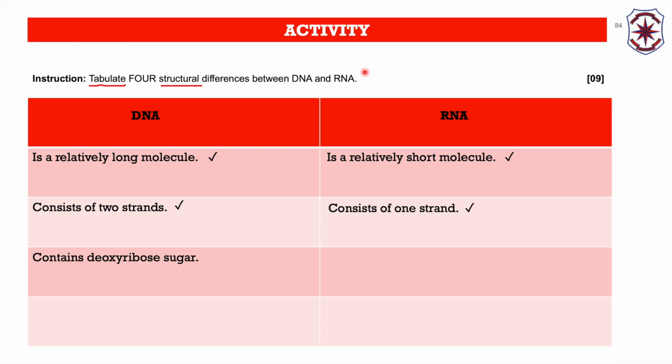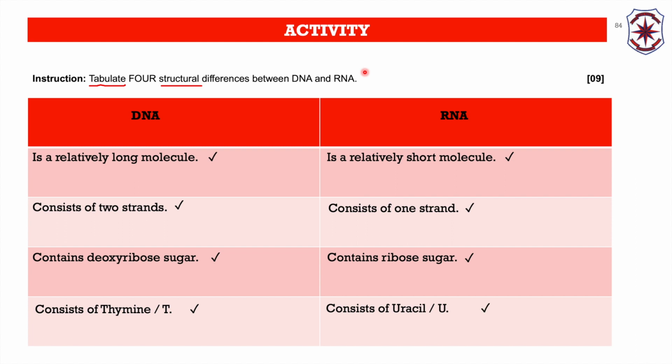DNA contains deoxyribose sugar, 1 mark, while RNA consists of ribose sugar, 1 mark. The last difference: DNA consists of thymine as a nitrogenous base, 1 mark, and RNA consists of uracil as a nitrogenous base, 1 mark.